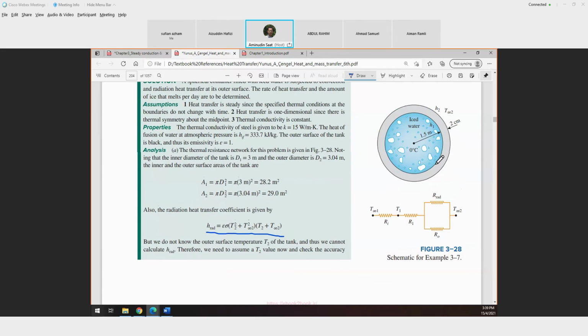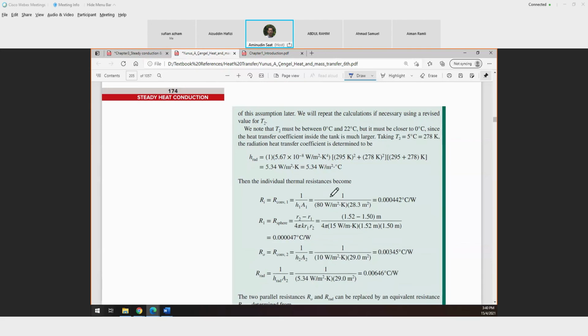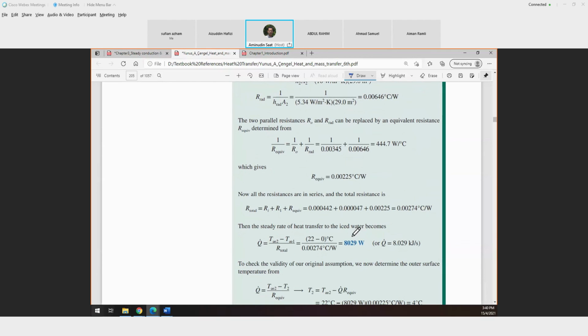In fact, this one considers the effect of radiation and the effect of convection, and they find the equivalent resistance due to radiation and convection. You can go to this example to compare how they calculate the combination of convection and radiation in terms of parallel arrangement.